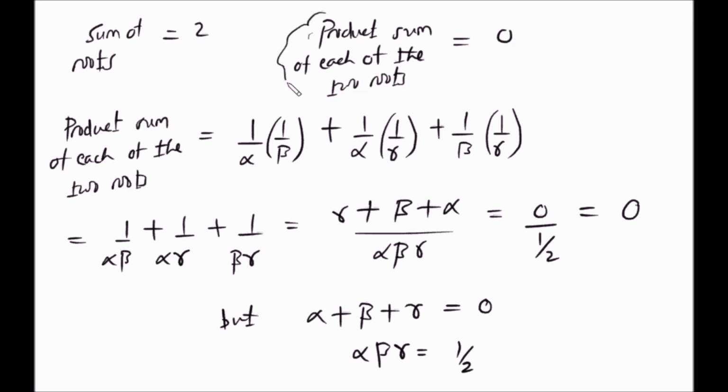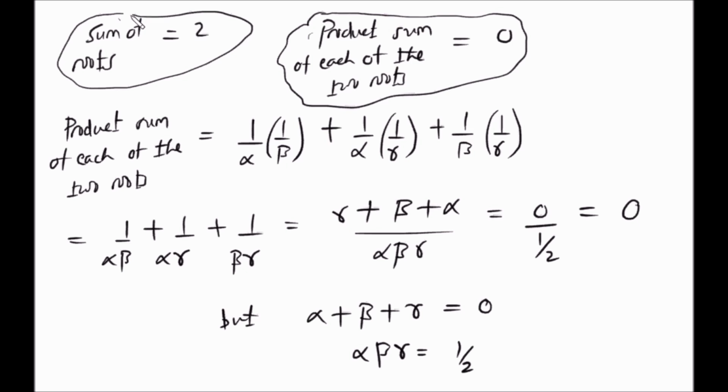Ni 0. So this is the product sum of each of the two roots, and this one is the sum of the roots. So sum of roots tumepata ni 2. Wakati product sum tumepata ni 0.